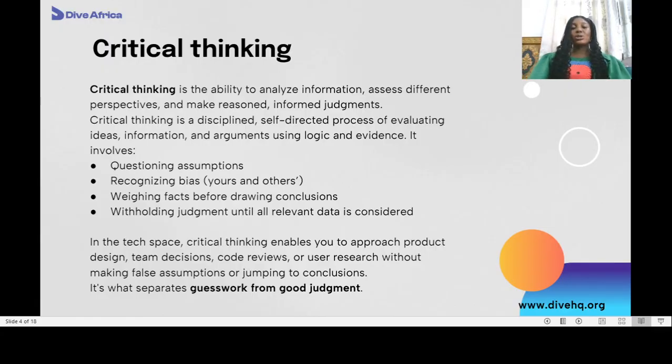So you as a tech person, maybe you're a developer, a data analyst, you must make sure that you gather more facts, gather more data before jumping to conclusions. So critical thinking skill is necessary. It is important in tech, and it is important in business, because problems are rarely straightforward.